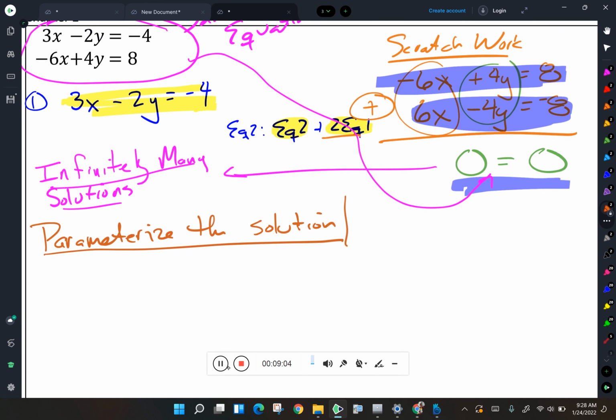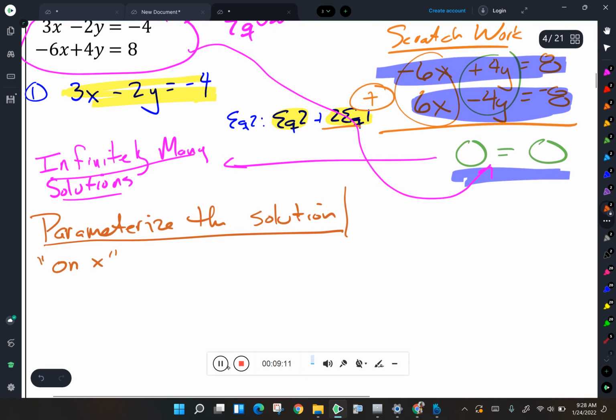Okay? If I'm going to parameterize on x, then I'm going to make the following argument. Since both equations are the same, any value that satisfies the first equation will satisfy the system.